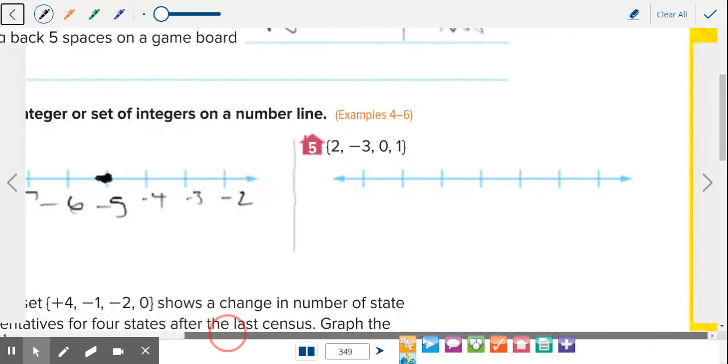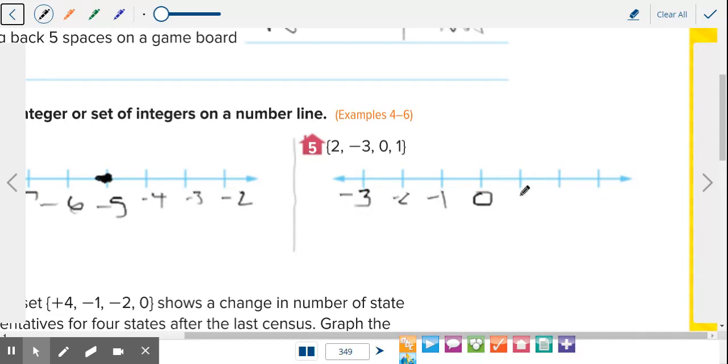And let's do this one. This time we have a set of integers: 2, -3, 0, and 1. Whenever you get 0 or numbers close to 0, I always put 0 right in the middle. It just makes things a lot easier. So then -1, -2, -3, what would go over here?